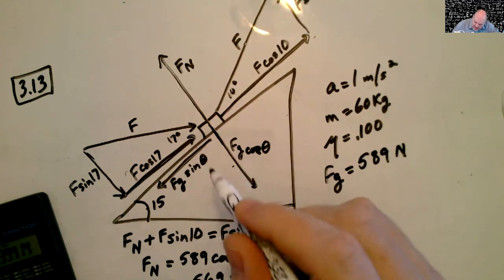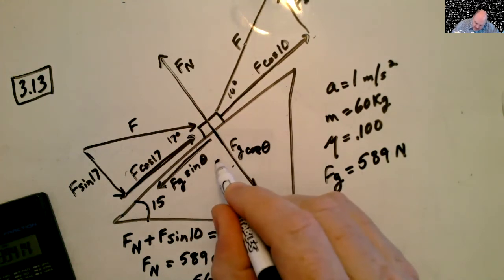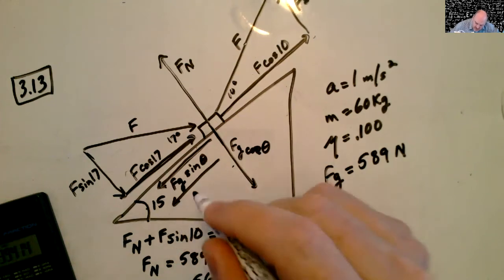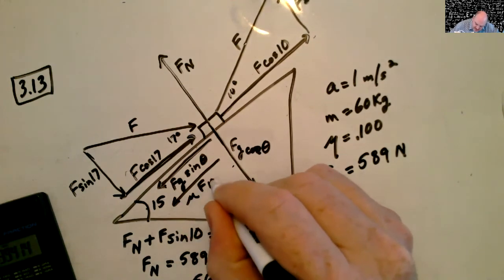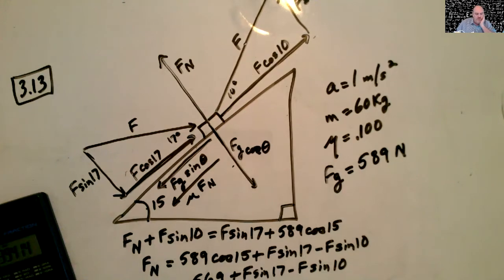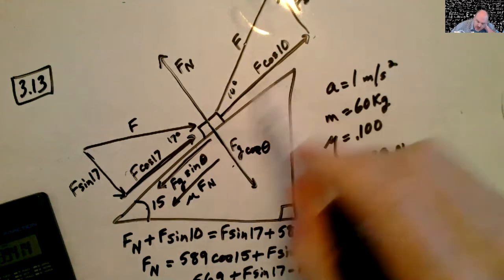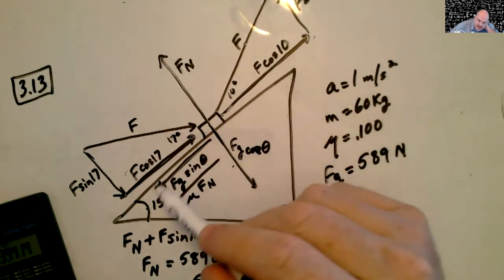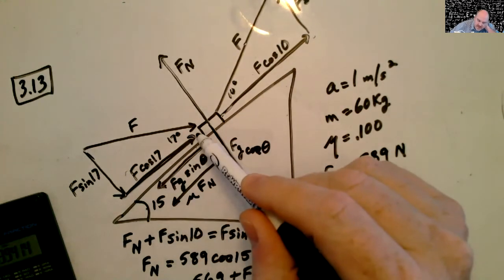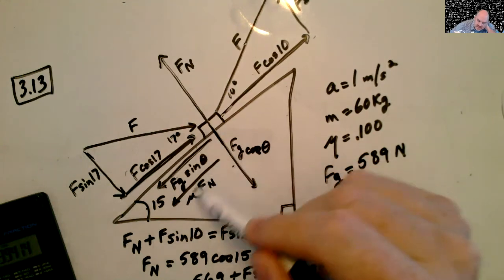Going down, I have friction force, which is mu Fn. Okay, so what do I know? I know that there's net force going up because it's accelerating up, which means this plus this is bigger than this plus this.